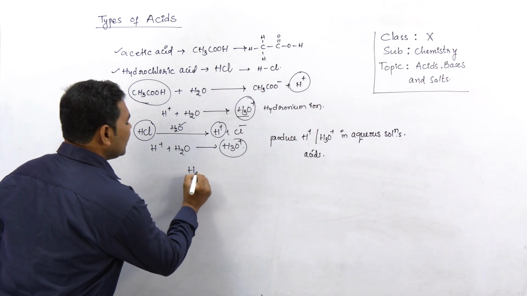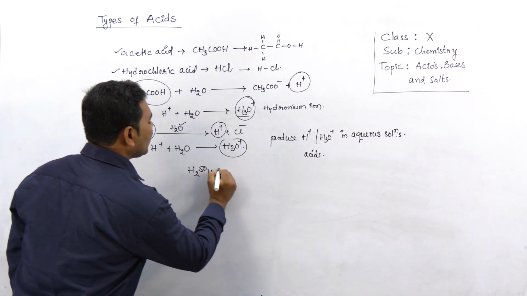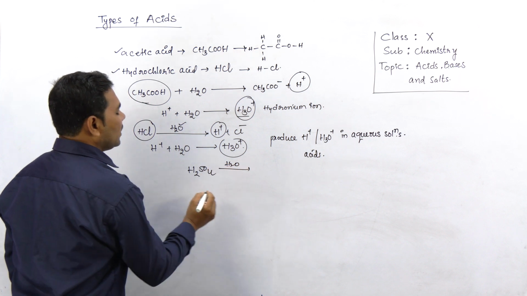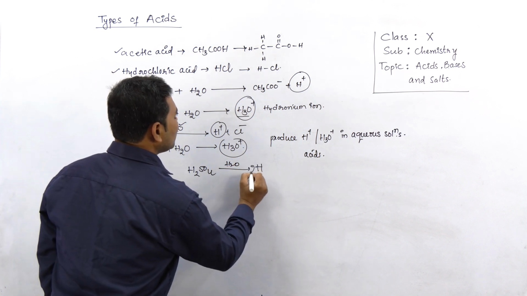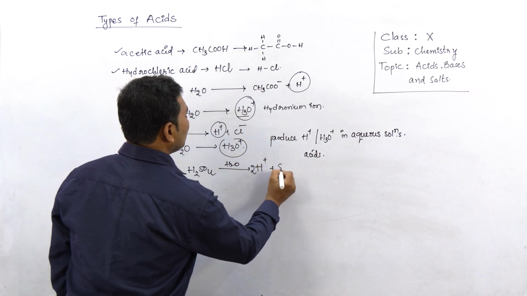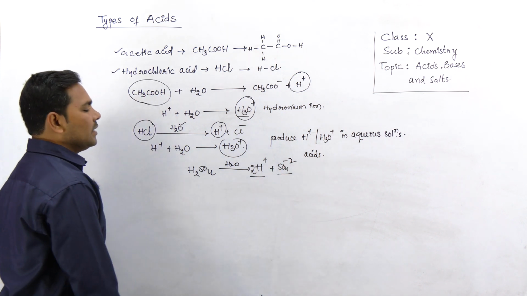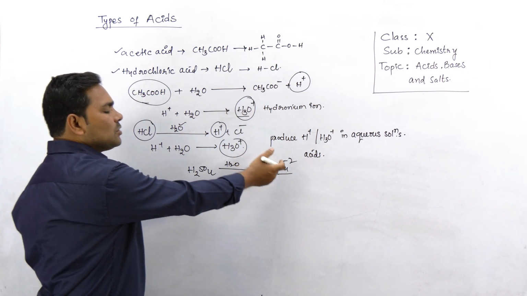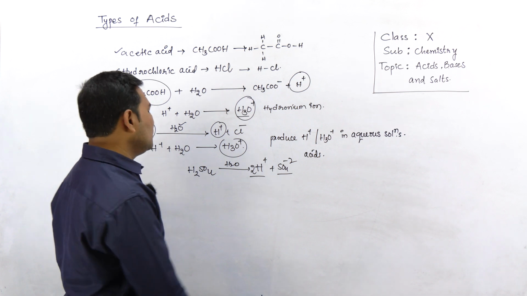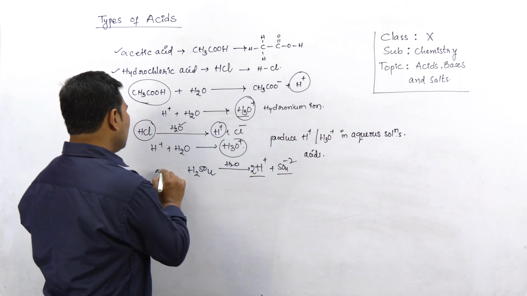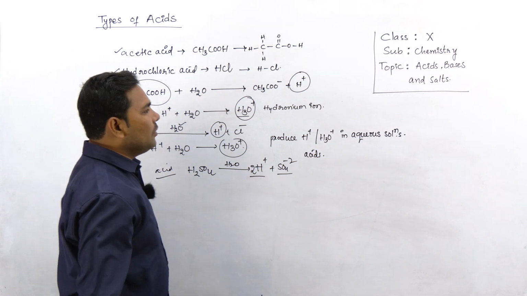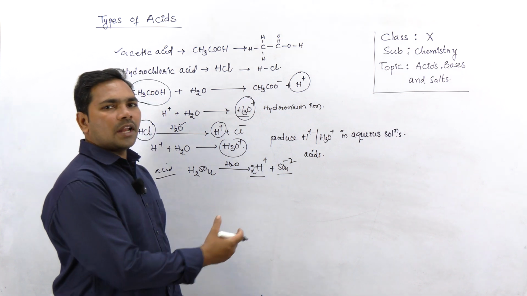For example, H2SO4, sulfuric acid, when added to water in its aqueous solution, produces 2 H plus ions and SO4 minus 2, the sulfate ion. Is it clear? So sulfuric acid also produces H plus ions in aqueous solution, so it is also termed an acid.